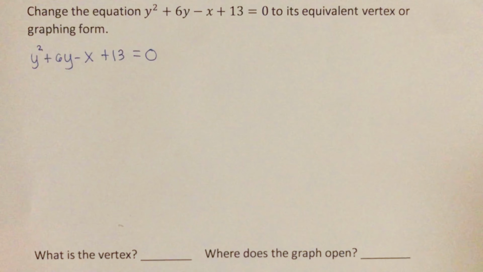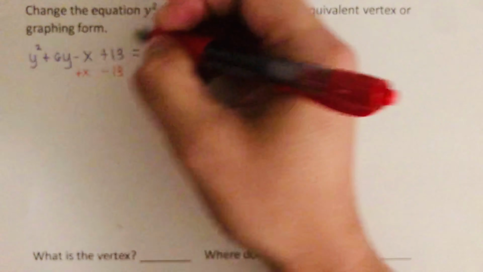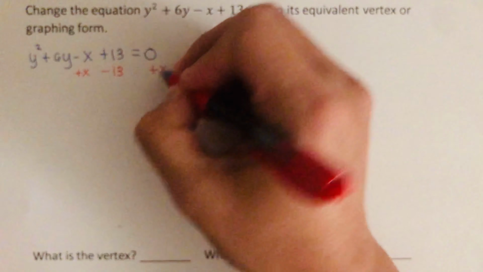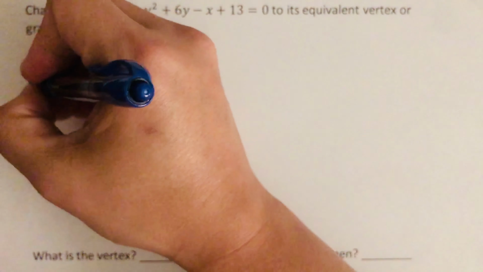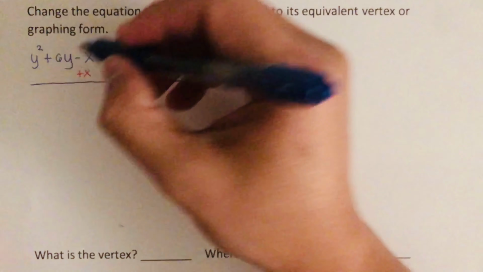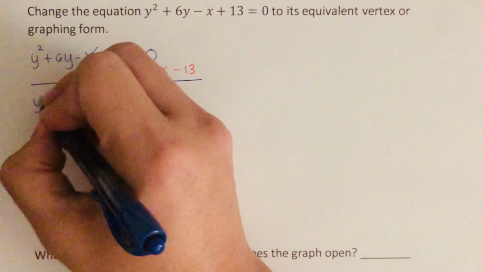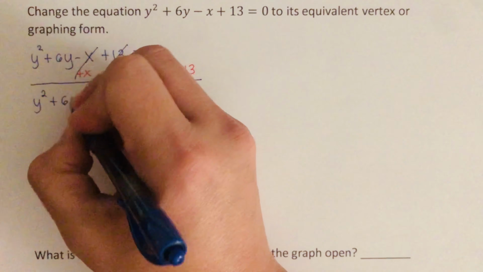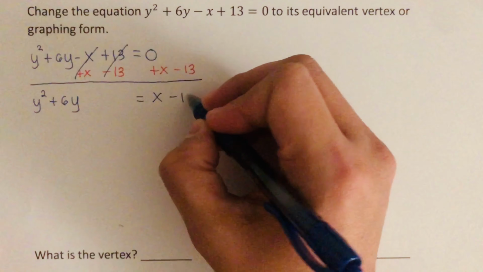So we can go ahead and add x to both sides, and then minus 13 to the other side. Once we do that, we can cross the x and the 13 out. So we're left with y squared plus 6y is equal to x minus 13.